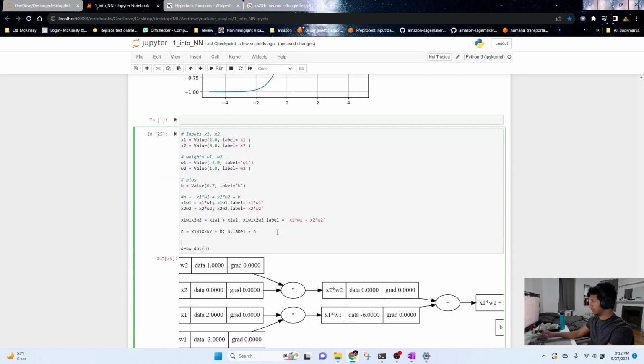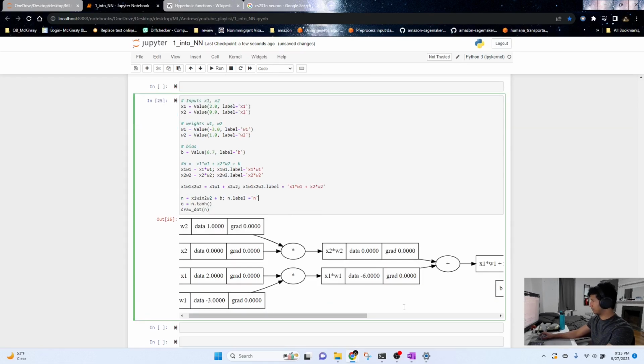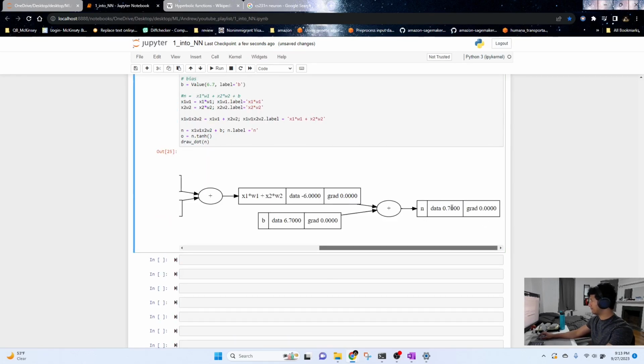Now we need to update this such that output o is equal to n.tanh. n is the value that we have, and we're adding another value, an activation function here, which will give an output o.